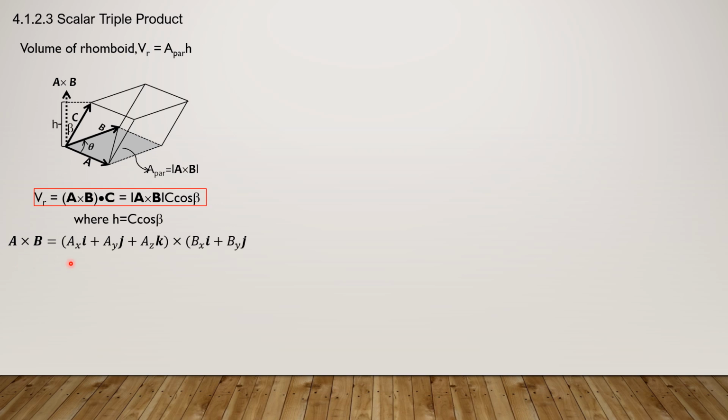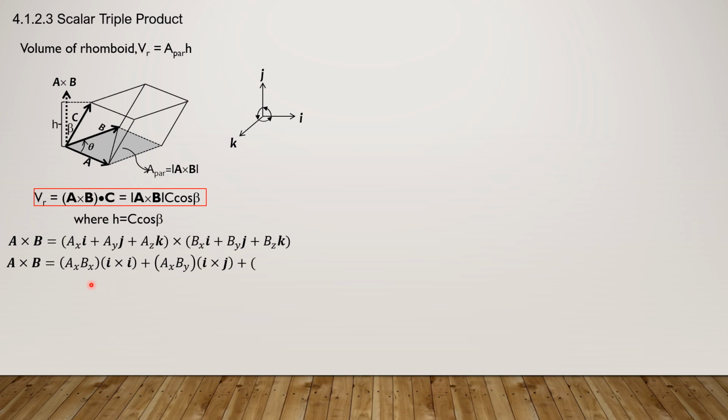So A cross B is (AXI plus AYJ plus AZK) cross (BXI plus BYJ plus BZK). These are unit vectors. Remember that I cross I is 0, but I cross J is equal to K. Remember? So we only have value when we cross different unit vectors.